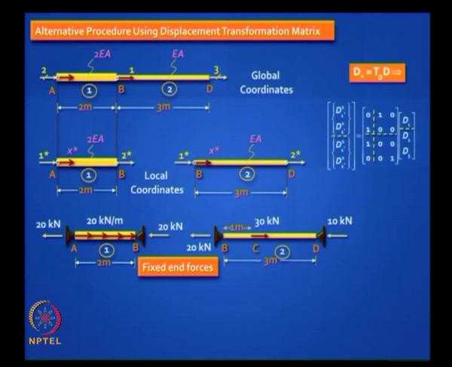How do you convert it from local axis to global axis? So this is the local axis, agreed? For the first element minus 20, minus 20, for the second element minus 20, minus 10 kilonewton. Do you understand? This refers to this element, this refers to this element, minus means pointing in towards the left. Does it make sense? We did this in the last class.